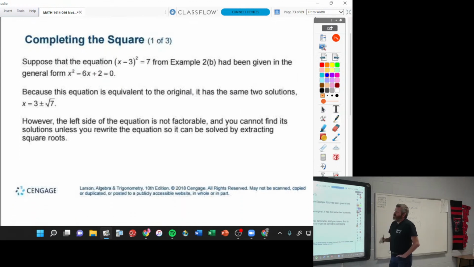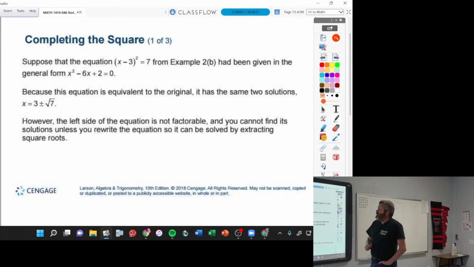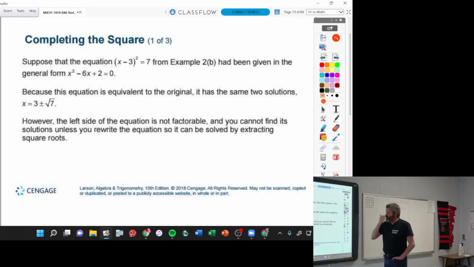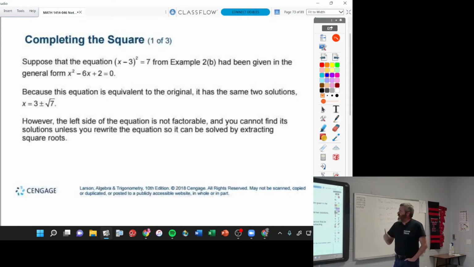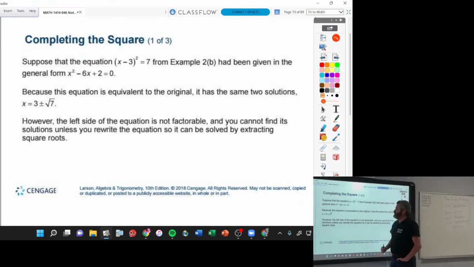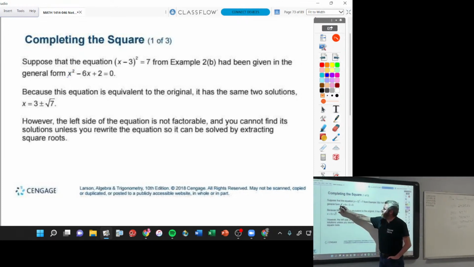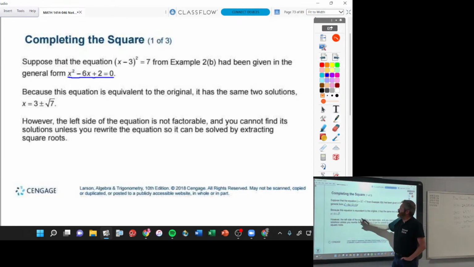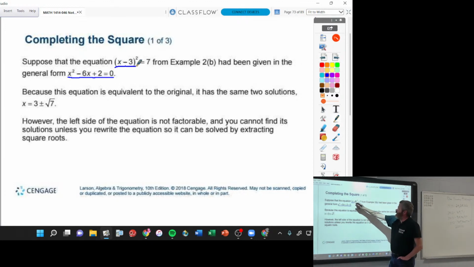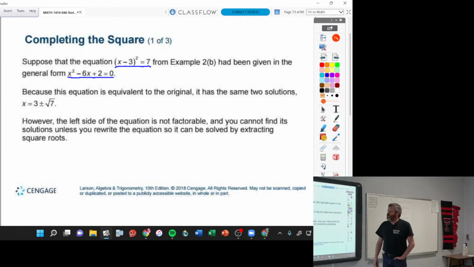That last problem we did kind of leads us into completing the square. It says, suppose that the equation x minus 3 squared equals 7 had been given in the form x squared minus 6x plus 2 equals 0. So what that's saying is the equation x squared minus 6x plus 2 equals 0 and x minus 3 squared equals 7 are actually the same equation.